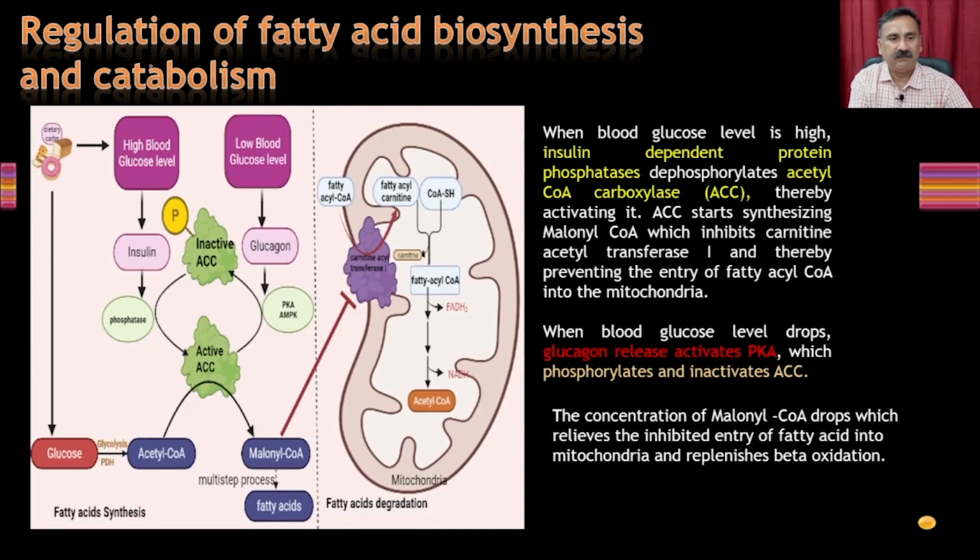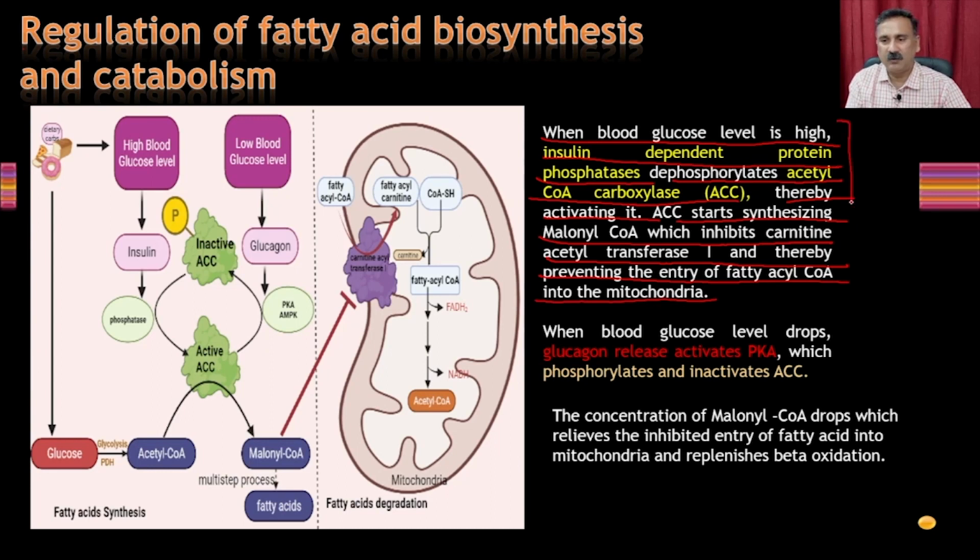Then we have another criterion also. When the blood glucose is very high, insulin dependent protein phosphatase dephosphorylates the acetyl CoA carboxylase, thereby activating it. The ACC starts synthesizing malonyl CoA, which inhibits carnitine acyltransferase 1 and thereby prevents the entry of fatty acyl CoA into the mitochondria.